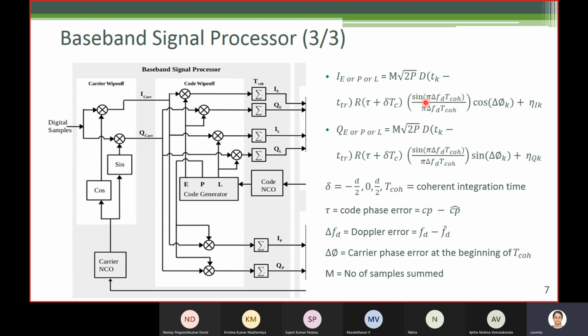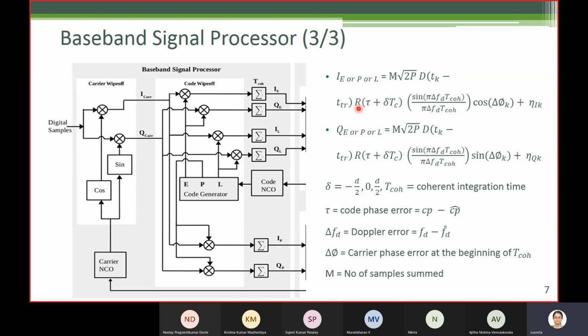Now, why do we want these loops? Why do we want to zero the errors? If this is 0, this term vanishes, it becomes 1. If delta ft is 0, this also becomes 1, the sinc function becomes 1. Consider the prompt: if tau is 0, this becomes 1.